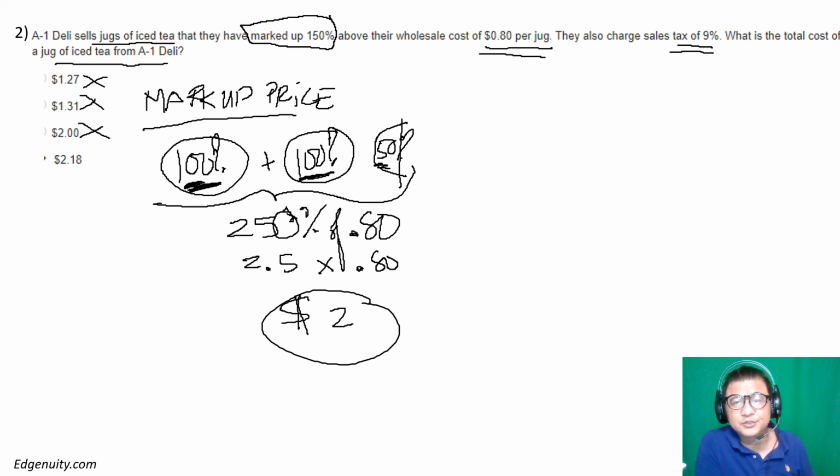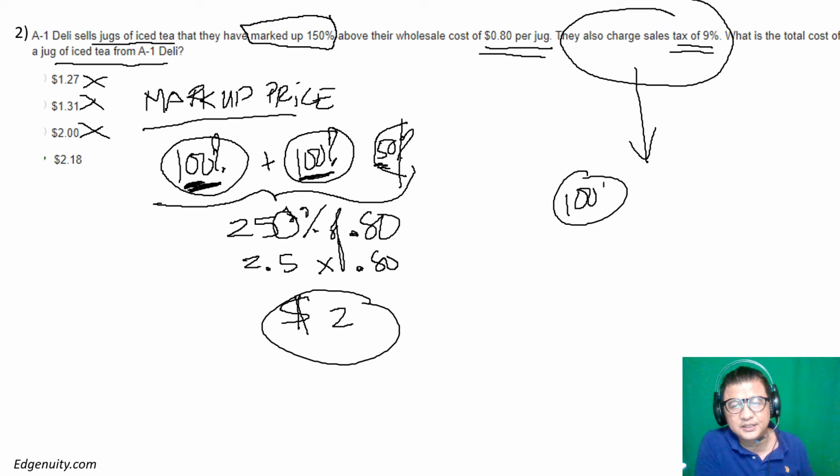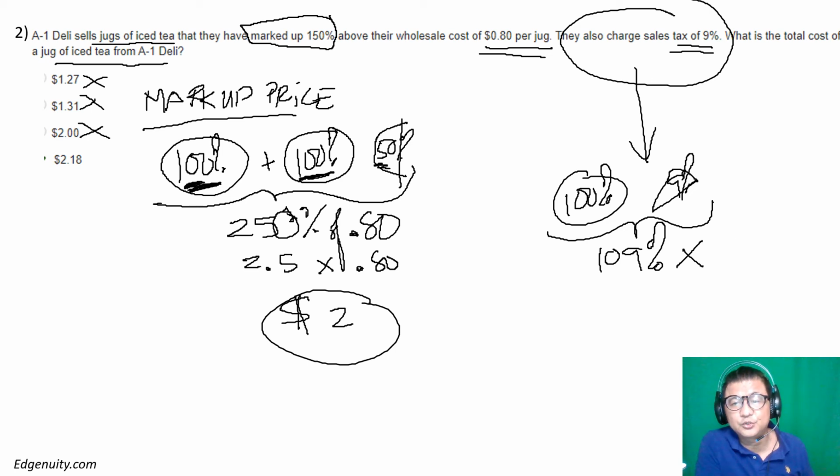Why? Because you still need to pay a tax. So the tax is 100%, pay the whole thing plus the 9%. So you're adding a total of 109%. 109% of what? Of your $2. That's the new price now.